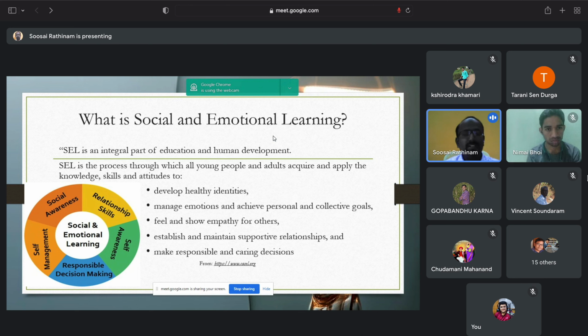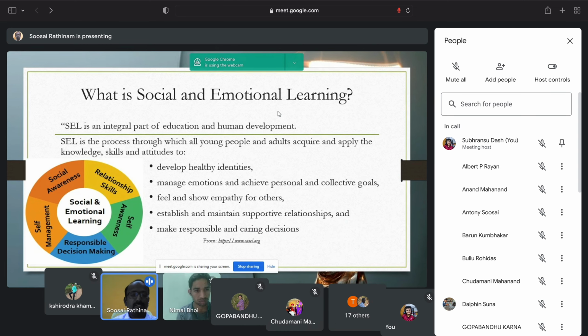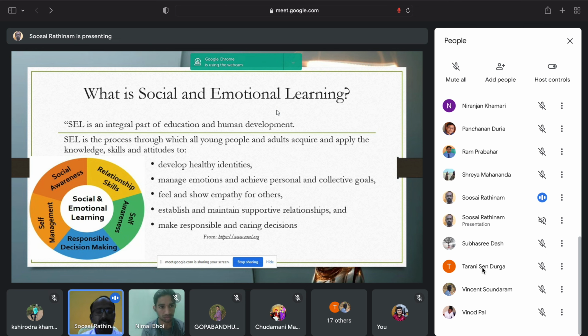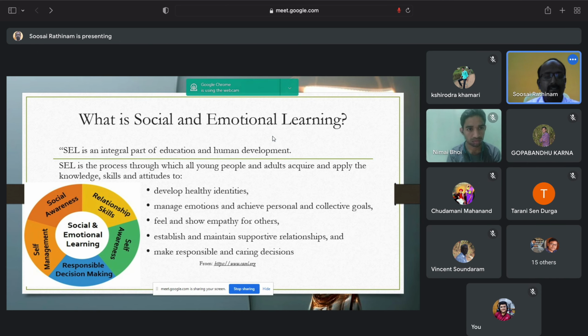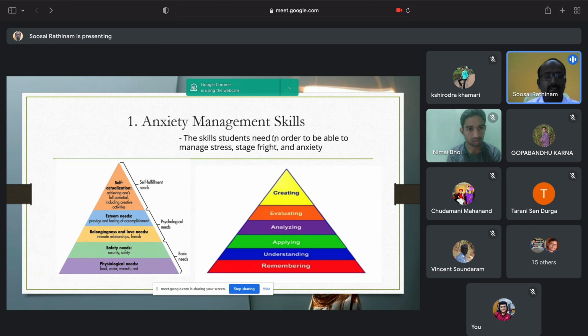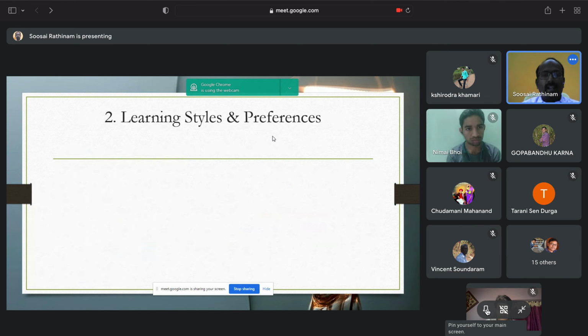And you could see on the left side, social and emotional learning has five core competencies: self-awareness, responsible decision making, self-management, social awareness, and relationship skills. The first important thing, as I said, is anxiety management skills.